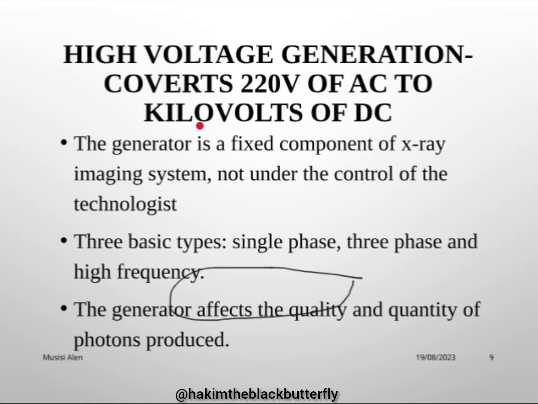The generator affects the quality and the quantity of the X-ray photons produced. The quality, I mean the energy, and the quantity, the number of photons in the beam.